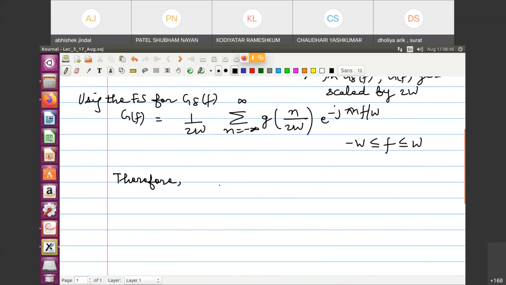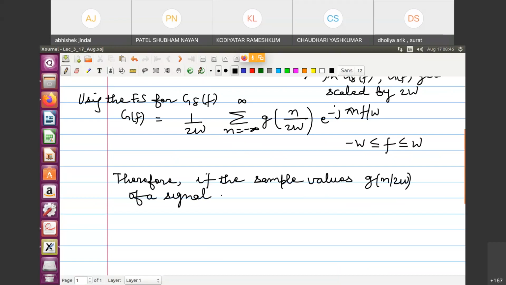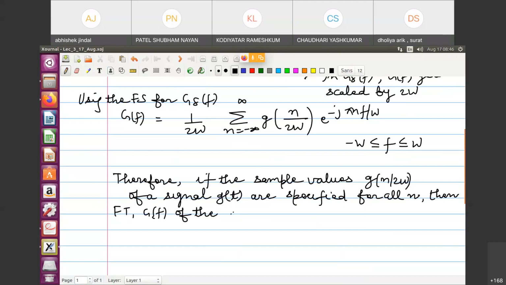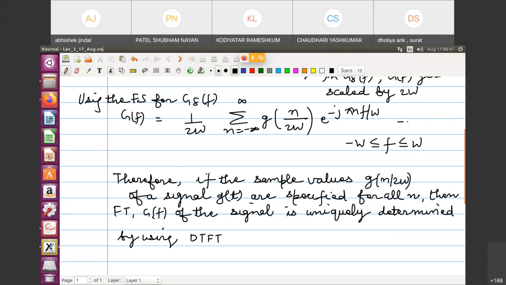Therefore, if the sample values g(n/2W) of a signal g(t) are specified for all n, then the Fourier transform G(f) of the signal is uniquely determined by using the discrete time Fourier transform, equation 6.